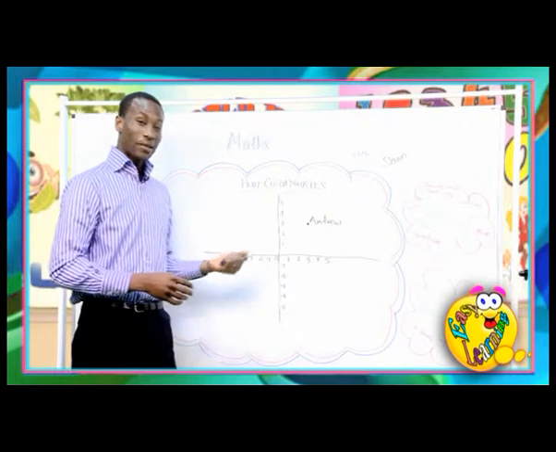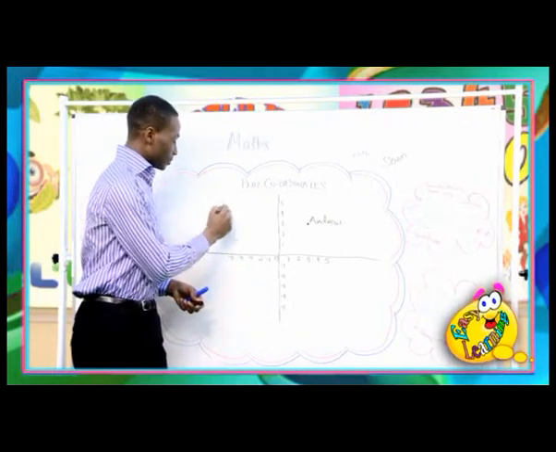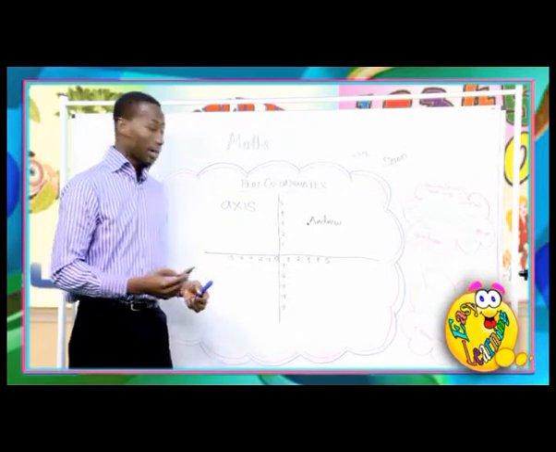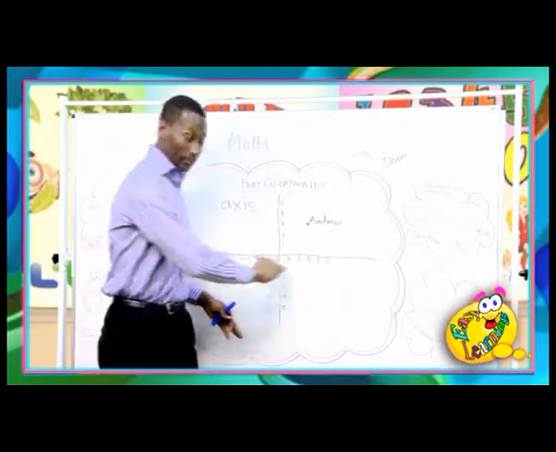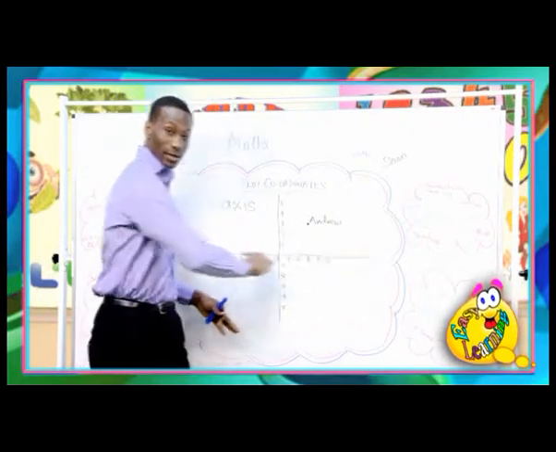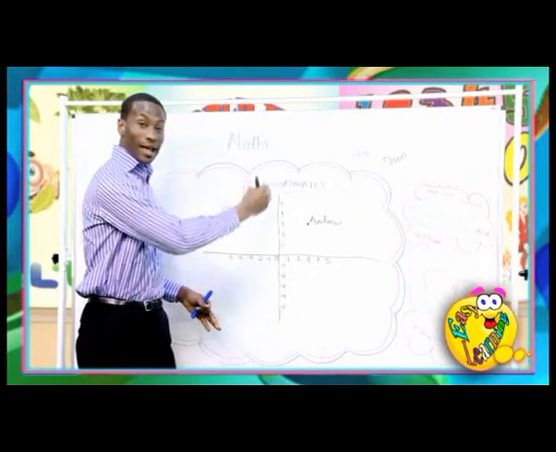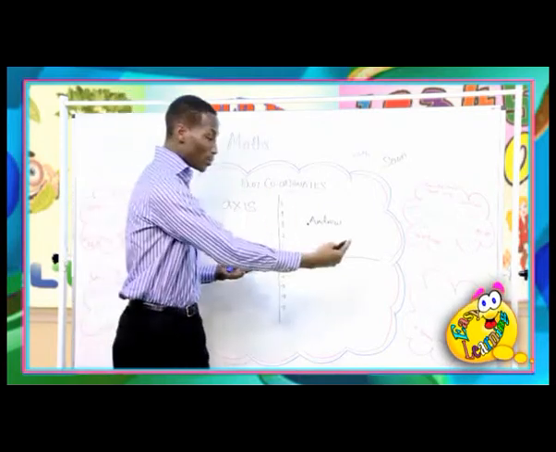That name is called an axis. That is A, X, I, S. It's called an axis. So we have an axis here to divide, remember, to get our region. We also have this line as an axis to divide the left from the right.